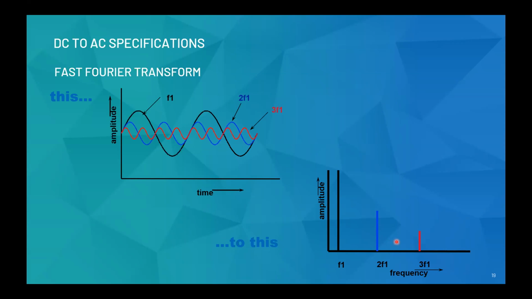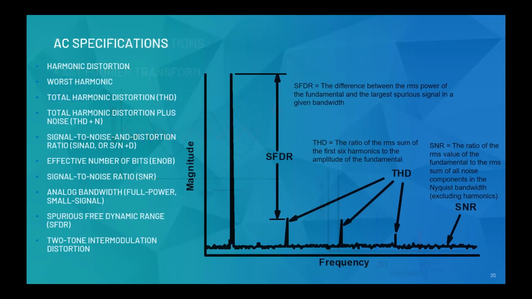this is like something like a z-axis that is shown to us. On the x-axis is your frequency value, and this is the amplitude. With this, we start doing the AC specifications, or the frequency domain centric specifications. These are basically harmonic distortion, the total harmonic distortion, which is very crucial in audio and sonar types of application.